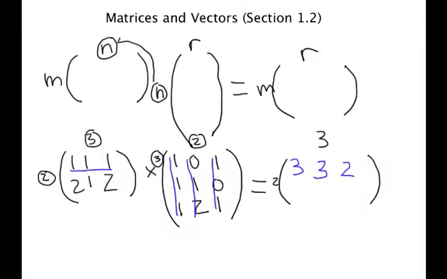And then the next 3 entries are you take the second row dot product with the first column, which is 5. Dot product with the second column is, again, 5. And the dot product with the third column is 4. So that defines matrix multiplication in general.